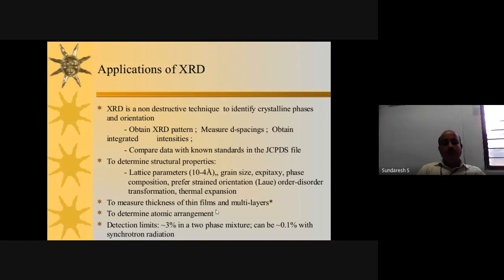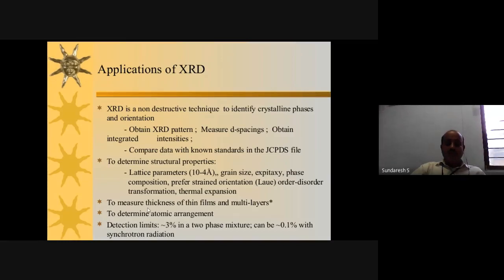The most important thing is that they compare the data with known standards in JCPDS files, and determine the crystal's properties: lattice parameter, grain size, strain, orientation, order-disorder transformation, and thermal expansion. So these are some of the structural properties which you can determine using the XRD technique.